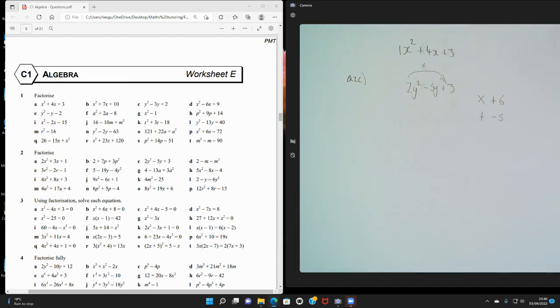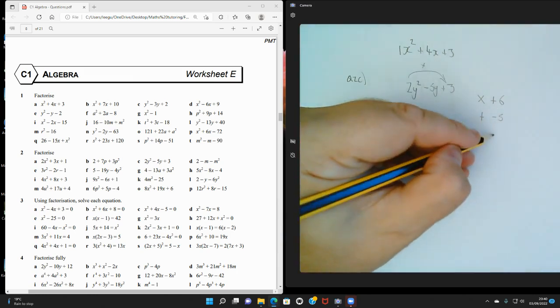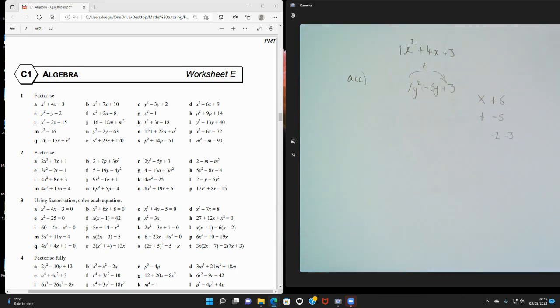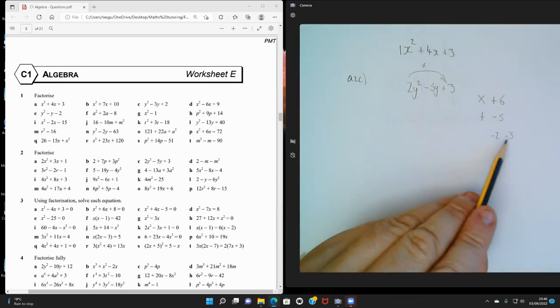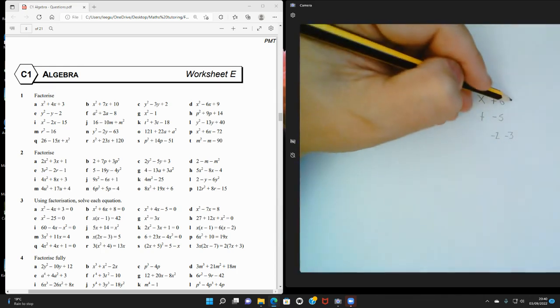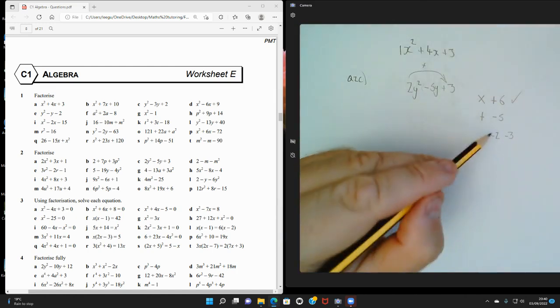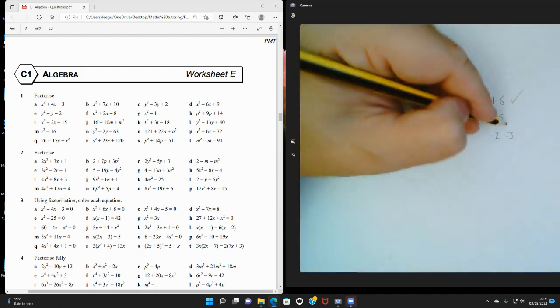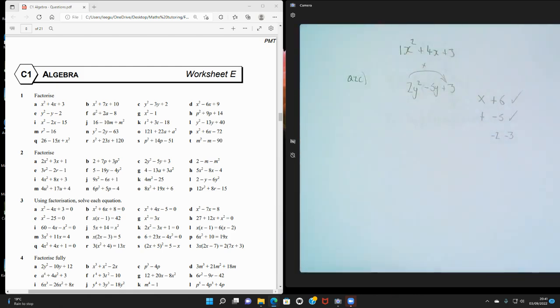You think about what those two numbers could be. For example, if I have minus 2 and minus 3, let's consider that. Minus 2 times minus 3 does in fact make positive 6, and minus 2 take away 3 does in fact make minus 5. So this is the correct factor pair that we're searching for.